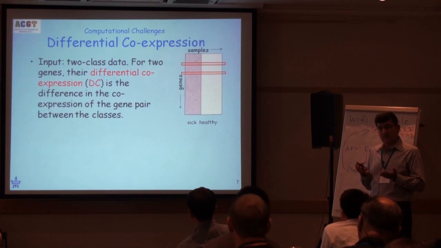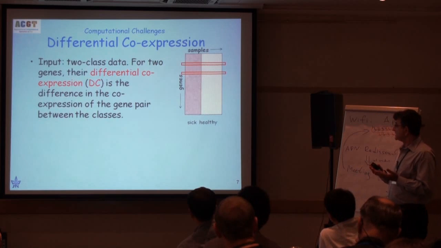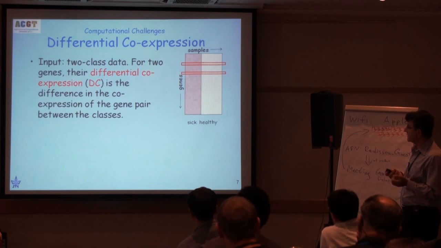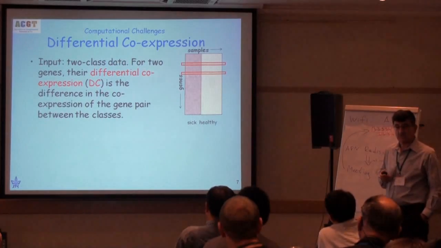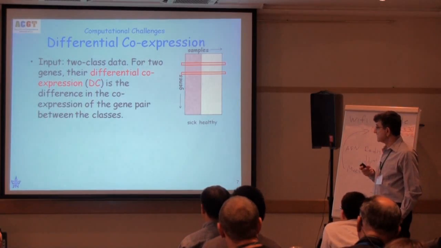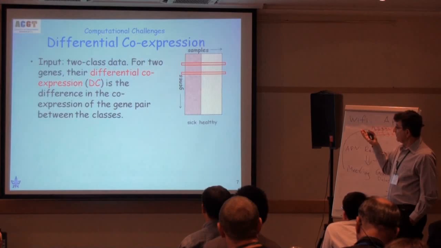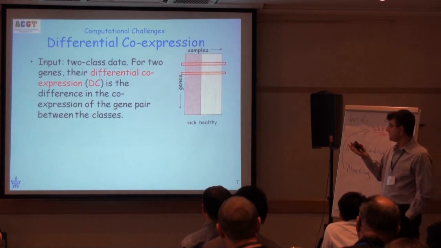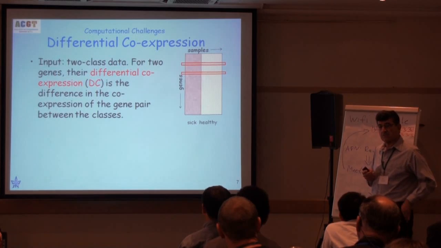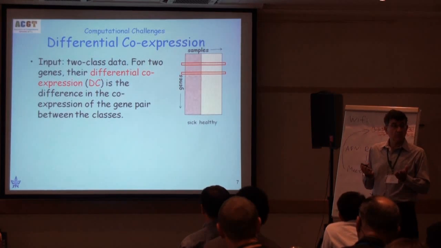So we are now looking both at a pair of genes and at a pair of classes, and we are measuring this differential co-expression. And why is this interesting? If we find pairs or later on groups of genes that show differential co-expression, the difference may have to do with the disease.